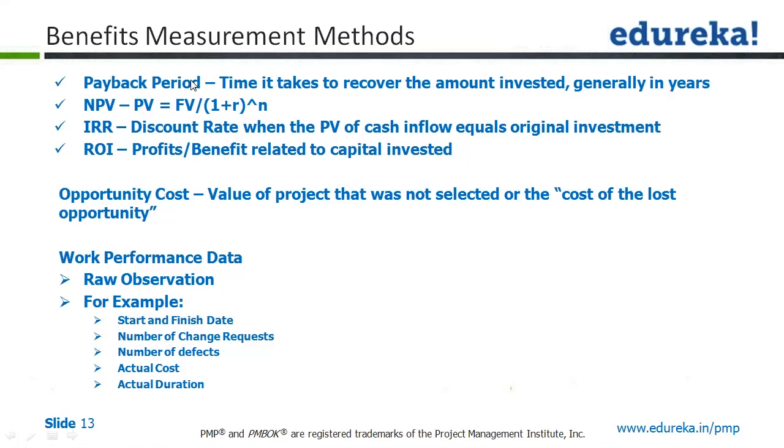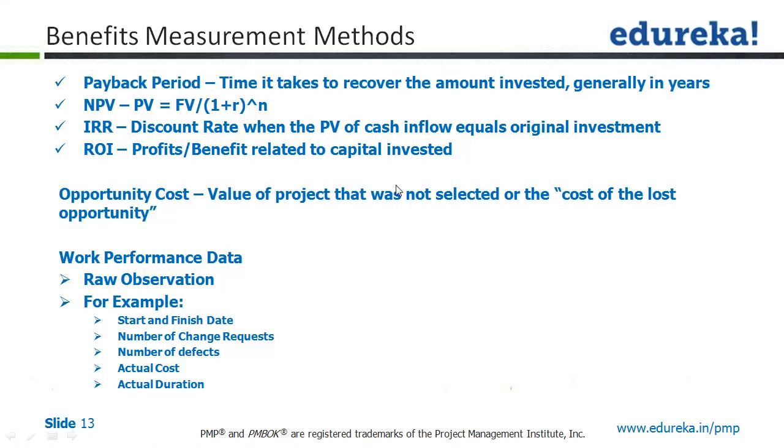Now there are going to be terms which would be used in and out in our next chapters. And the first term is work performance data. There would be three terms which we'll be using, which resemble each other when it comes to the name, but they carry different meanings.